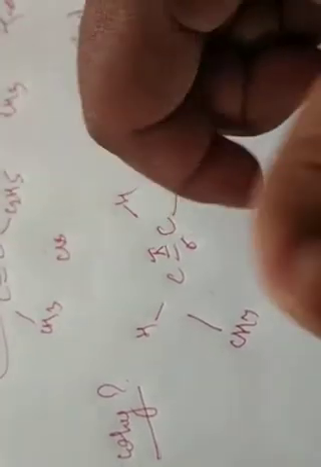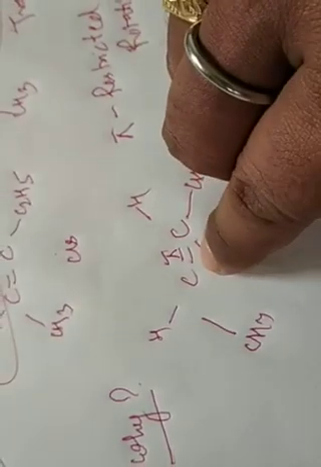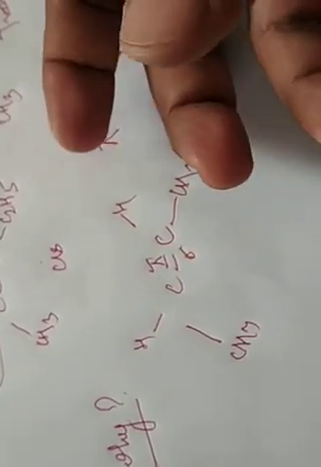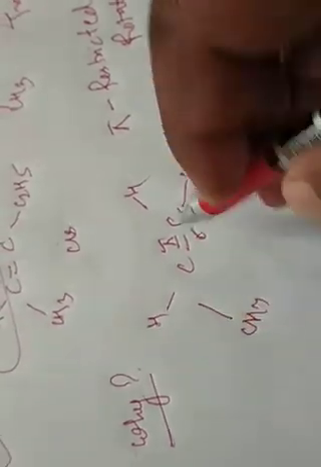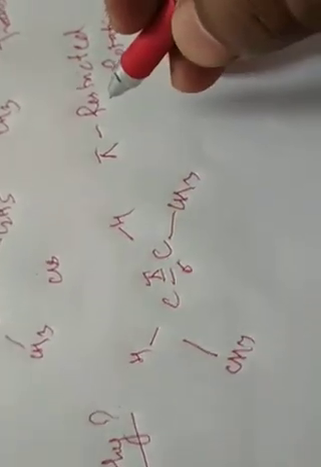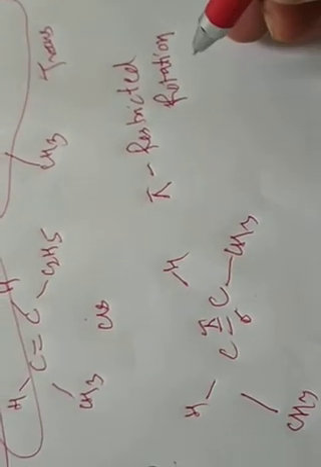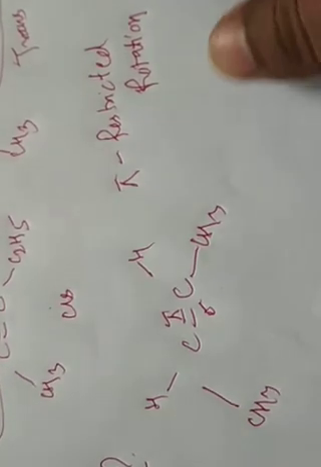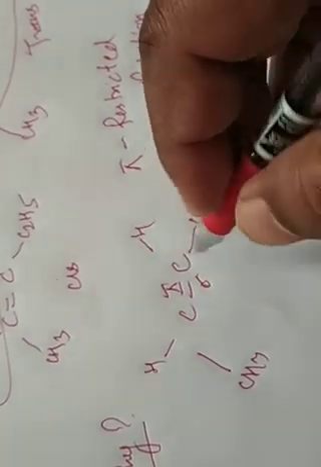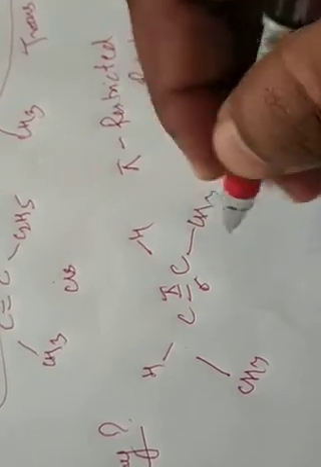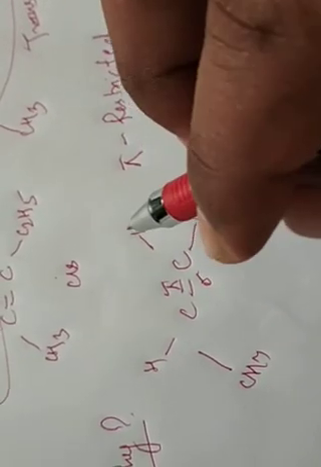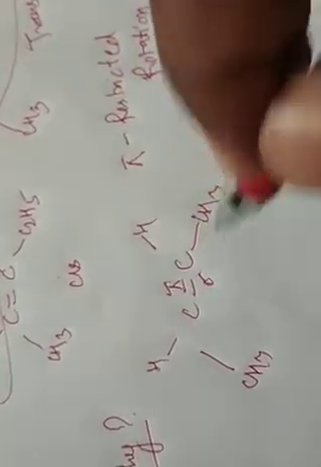Suppose there are two types of structure with a double bond. If you rotate about the double bond, it converts back to the original structure. So just focus on the double bond. The pi bond has restricted rotation, so it does not change and is always found in the same position.